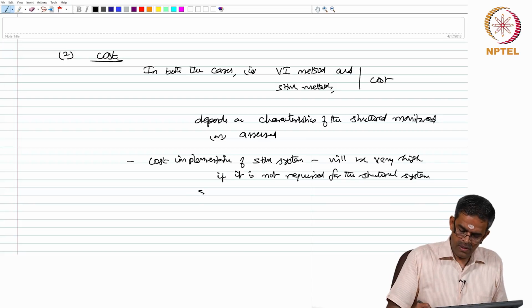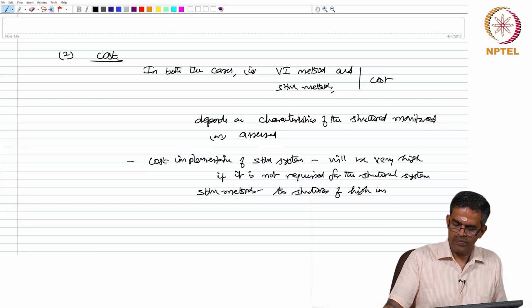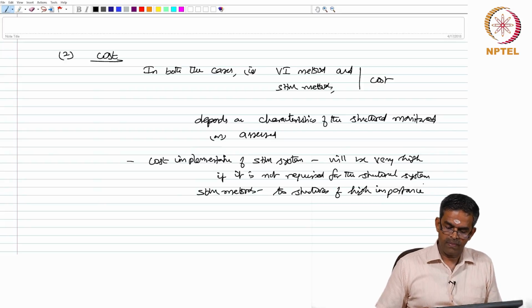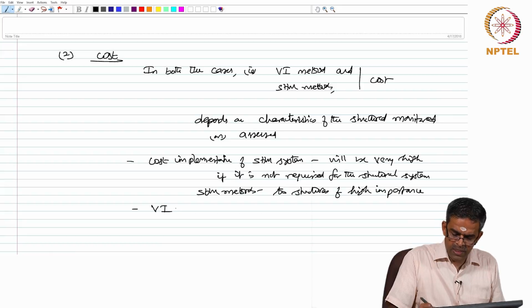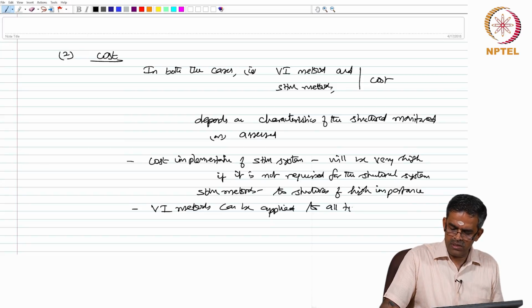This means SHM methods are applicable generally to structures of high importance. I mean, all structures cannot be and need not be monitored, because it is prohibitively expensive, whereas visual inspection methods can be applied to all types of structures.